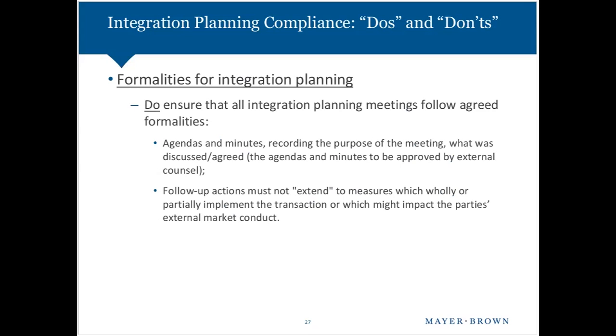I think we've identified that when you're merging two businesses, there are a range of important integration issues that need to be addressed, certainly to achieve or be ready to achieve the cost savings and synergies. I think we've also identified that at the same time, it's very important that the businesses continue to compete effectively and are seen to compete, both in order to comply with general competition law requirements and also to make sure that there's no breach of the merger control requirements, which of course say that you must not implement the merger ahead of the formal clearance.